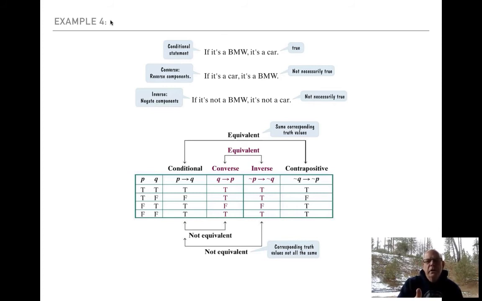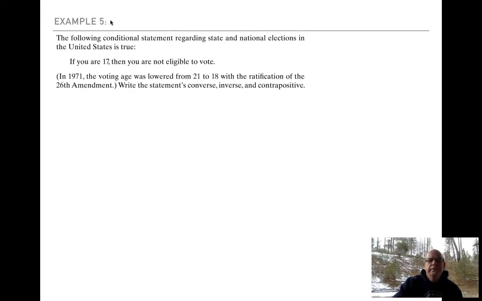And if you compare it to the inverse, they are mixed up. Okay, the original conditional and the inverse are mixed up, and so they're not equivalent either. However, do notice that the converse and inverse have the same truth tables, and so they are equivalent to each other. We're not really going to use that one, but the conditional and contrapositive we will. The fact that those are equivalent statements. Okay, so just another example there and a great chart from your book to look at.